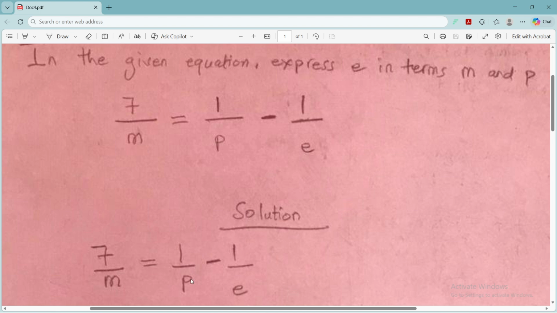So we are going to have the fraction 7 divided by M equals 1 multiplying E minus 1 multiplying P, which is a fraction, right?